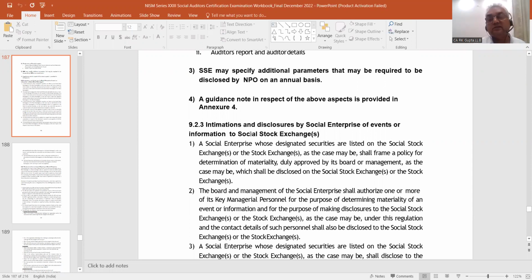Now, regarding these intimations and disclosures, a social enterprise whose designated securities are listed shall frame a policy for determination of materiality duly approved by its board or management, as the case may be, which shall be disclosed on the social stock exchange or social stock exchanges. So they may be listed on one or on more stock exchanges. And in this case, they will display it on the website.